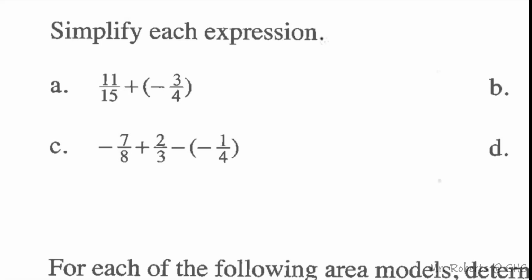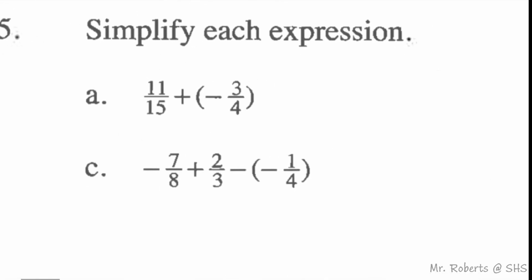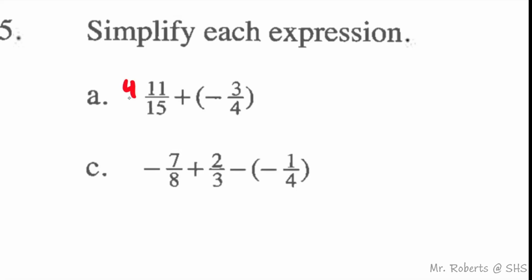So in order to make this look like 60th, I'm going to multiply this fraction by 4 over 4. Oh, that's clever, right? I got to pat myself on the back for that. And then this one over here, in order for this to be the common denominator, I need to multiply this one by 15 over 15. I never even thought about this, but I'm literally using giant ones to change these fractions so that they'll have the right denominator.